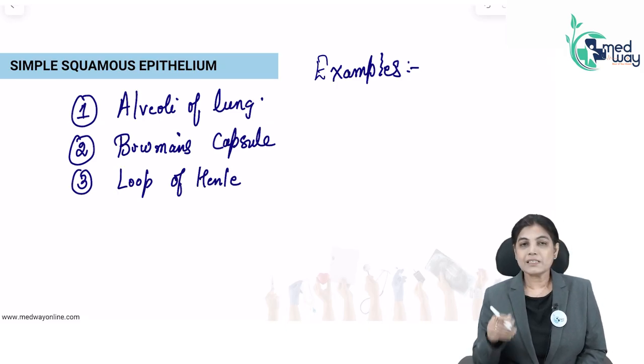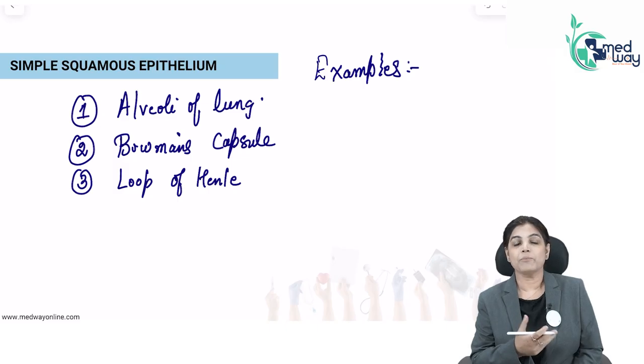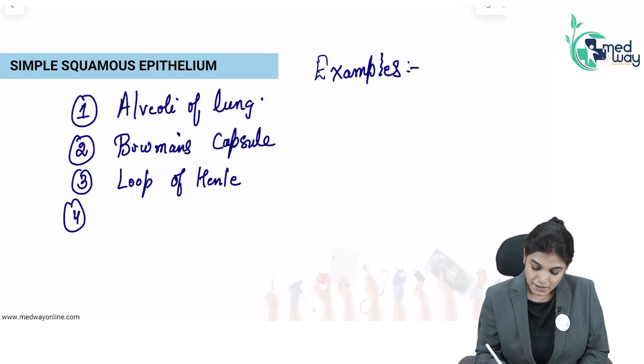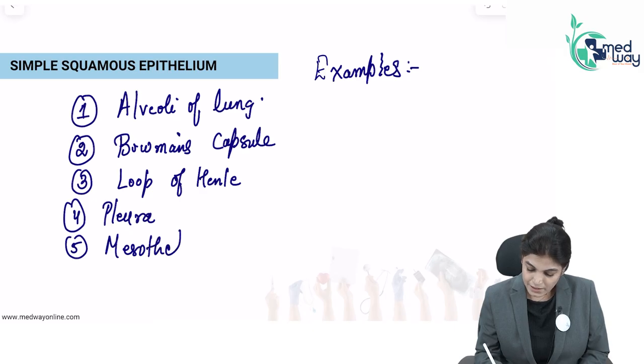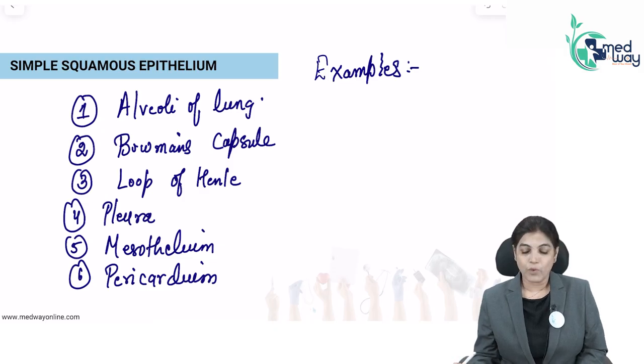Other than that, the lining of the peritoneum, the mesothelium, and the outer protective covering of the lung, the pleura, and the pericardium are all lined by simple squamous epithelium. So these are certain locations where we have simple squamous epithelium.